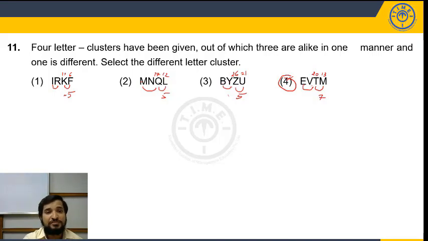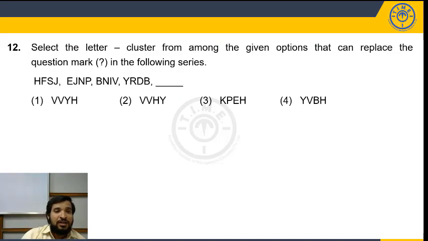Now see the next question. Select the letter cluster from among the given options that can replace the question mark in the following series. So in each set we have 4 letters.